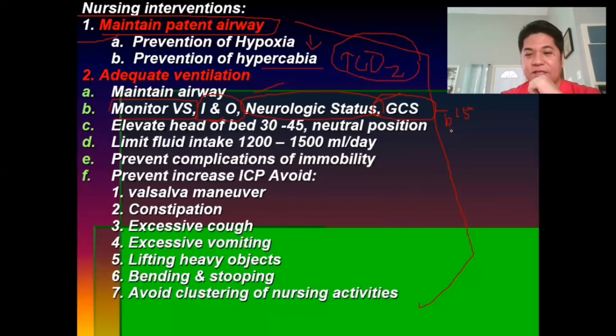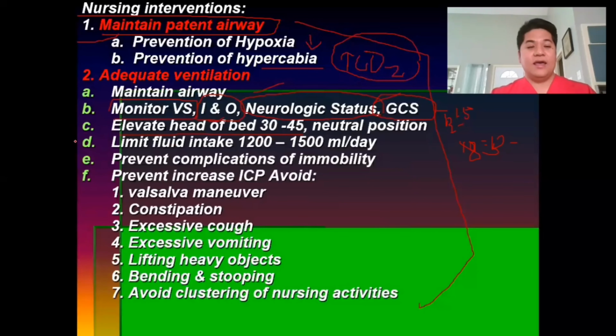13 to 15 is normal, okay? If you have like 8 to 13, that is moderate, and then the severe ones are lower scores. Elevate the head of the bed 30 to 45 degrees, like a semi-Fowler's position, with the head in a neutral position. So no turning to the side, and no going down, because it might increase the ICP as well.